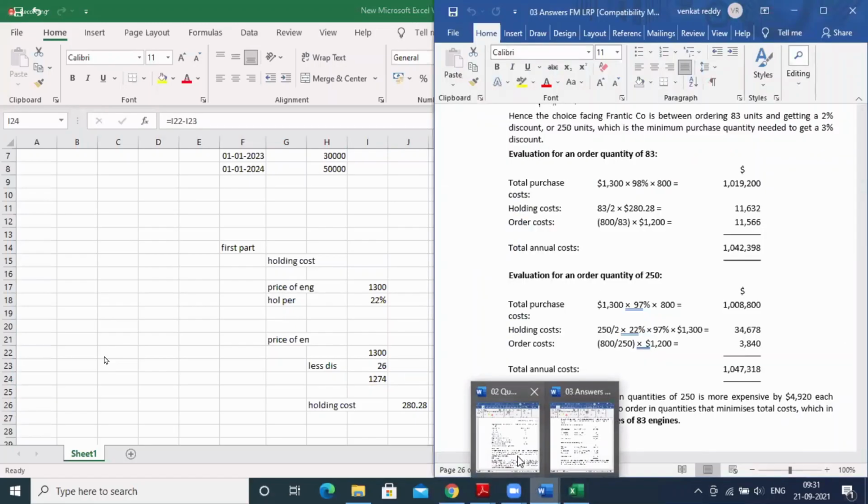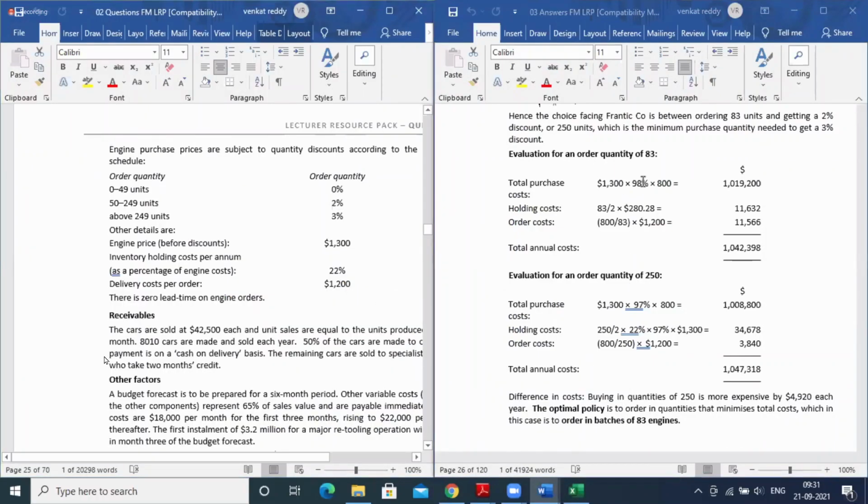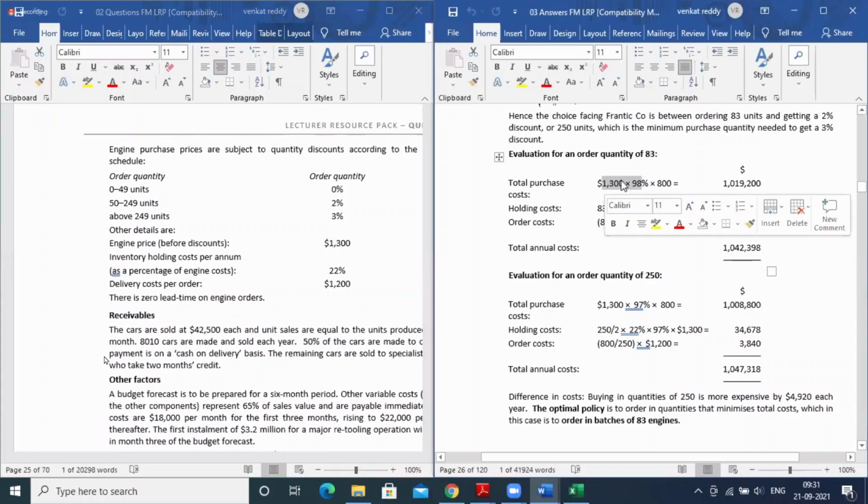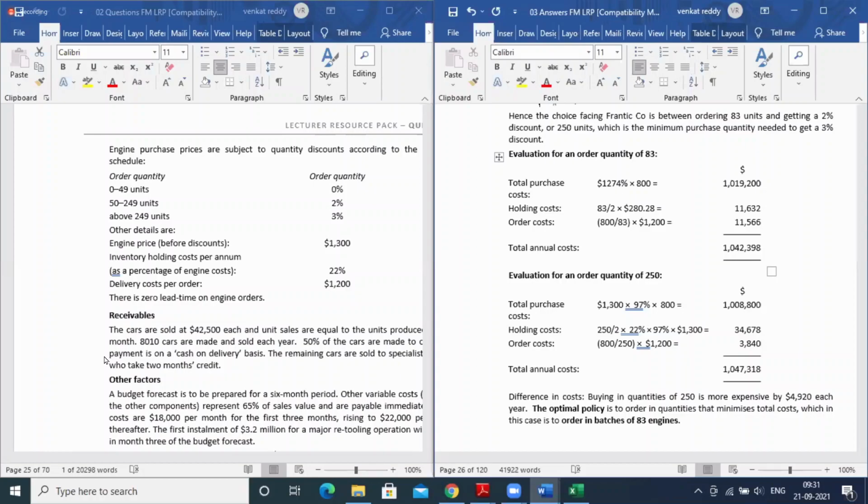So how did we get 1274? 1300 minus 2%. So it means 1274 into how many engines we are purchasing? 800.